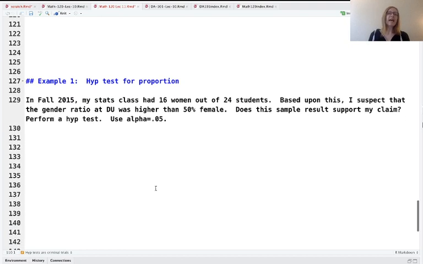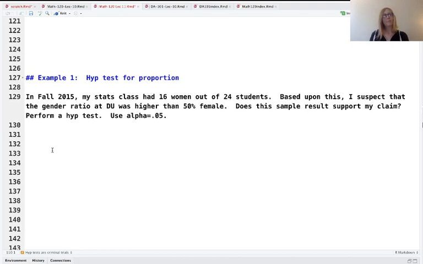So here is our first example. Just like the other examples we're going to do in this video, this is about a proportion. We're doing a test for p, the population proportion. We are investigating a claim about the population proportion, and we're going to use sample data to make our conclusion.